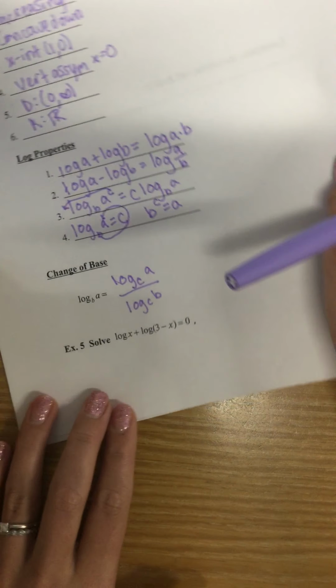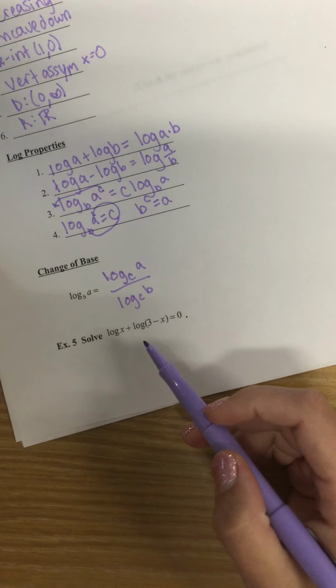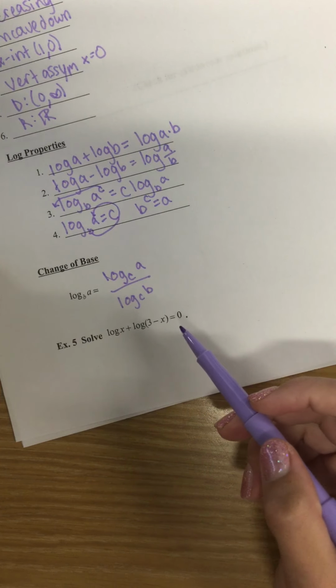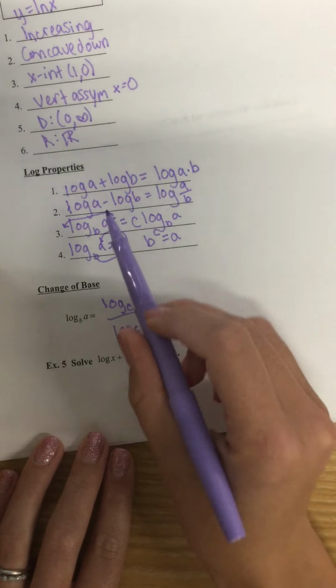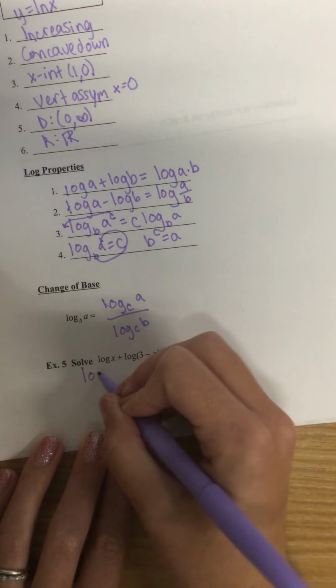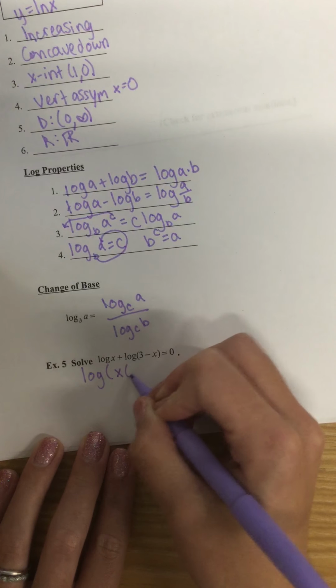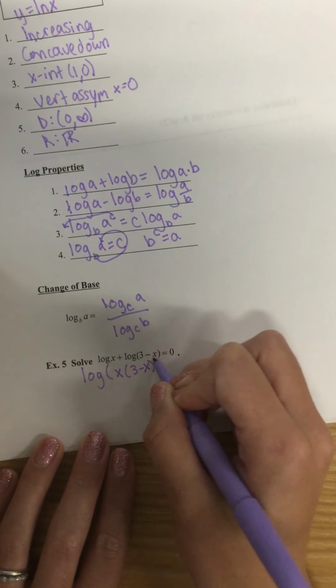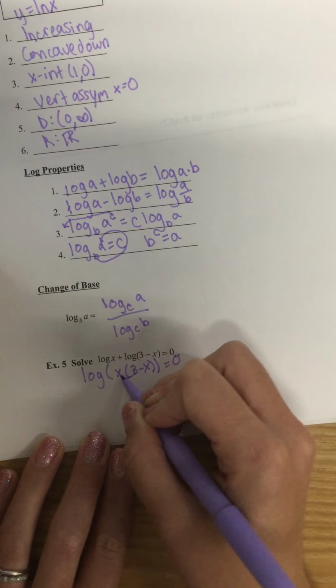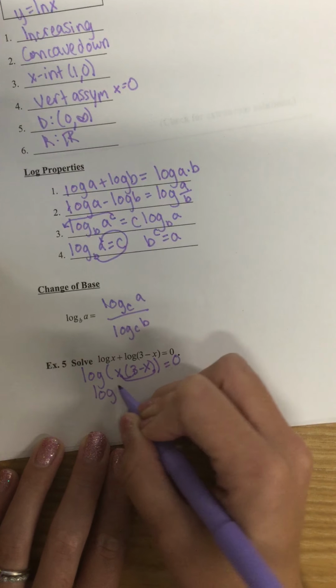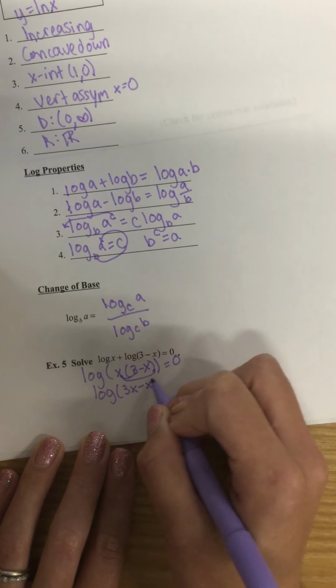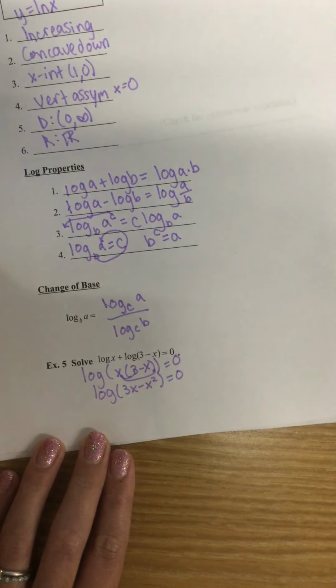Okay, last example, guys. We got this. Log of x plus log of 3 minus x equals 0. With our first rule, we see that we're adding, so we can actually switch this to multiplying. They have the same base. So we have x times 3 minus x, and we can distribute. So log of 3x minus x squared equals 0.